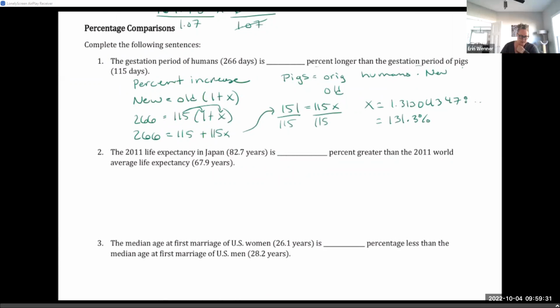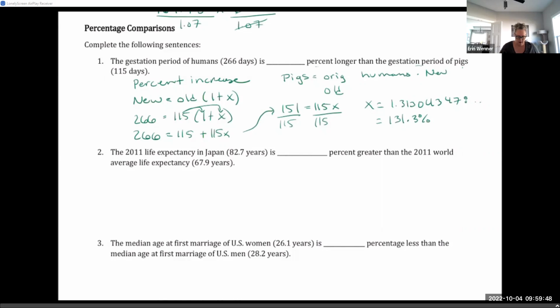Right. So like in number 2, life expectancy in Japan is blank percent greater than the average world life expectancy. That means we are having the average world be our starting amount and Japan being our ending amount.